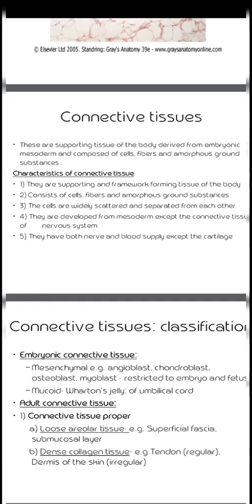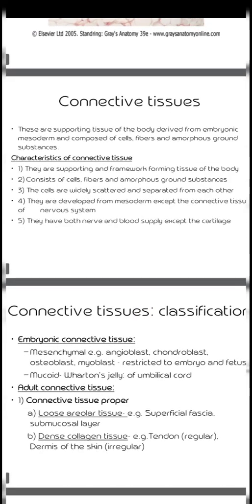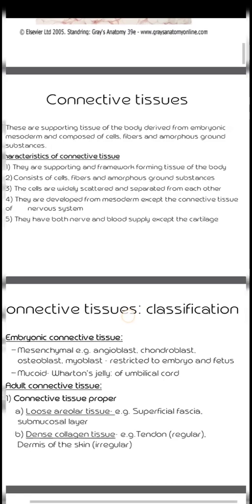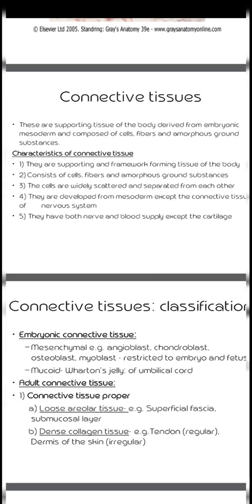The cells are widely scattered and separated from each other with extracellular matrix in between. They are developed from mesoderm, except the connective tissues of the nervous system known as microglia, which are not derived from mesoderm. They have both nerve and blood supply, except the cartilage type of connective tissues. Epithelial tissues did not have any kind of blood supply, whereas connective tissues have both nerve as well as blood supply.